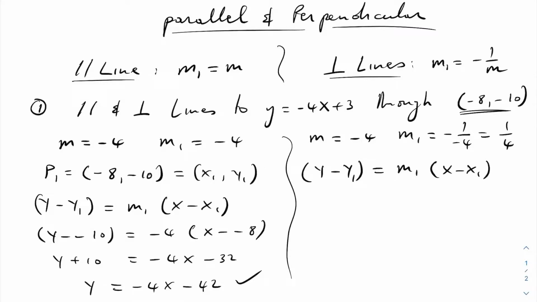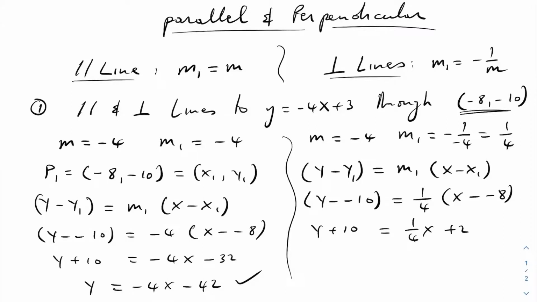And so that will give us y plus 10 equals -1/4 times (x plus 8), which gives us y plus 10 equals -1/4 x minus 2. And to write this in slope-intercept form, I'm going to have to again subtract 10 on both sides, giving me y equals -1/4 x minus 12.